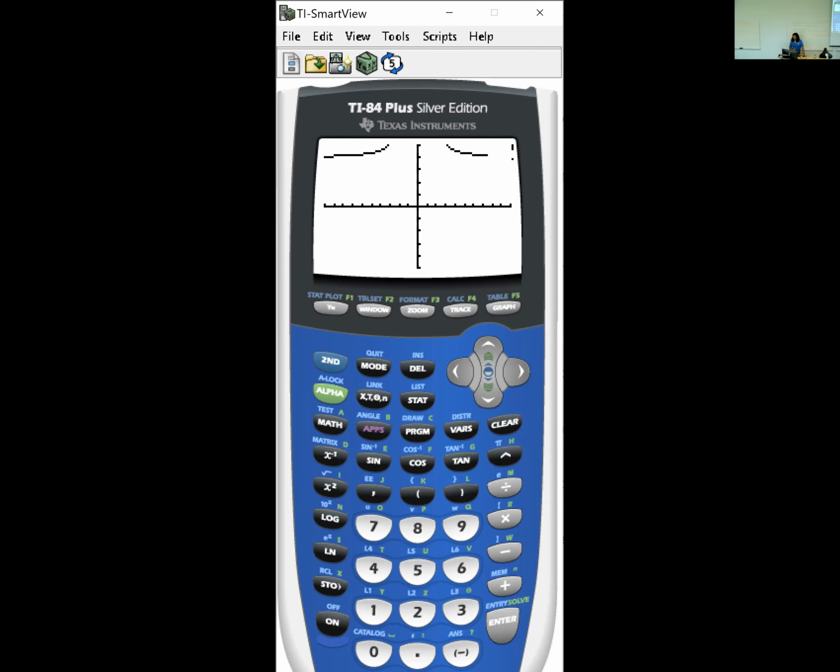That's the graph we're getting, but it's a bit higher, so I'm going to increase the window range, and I don't need negative.